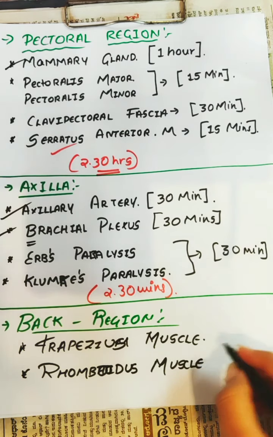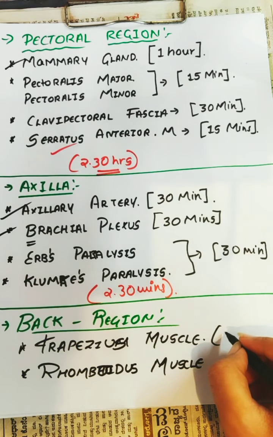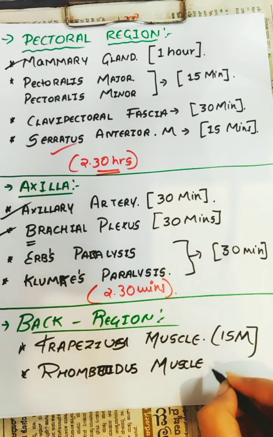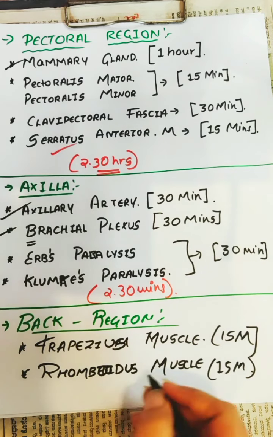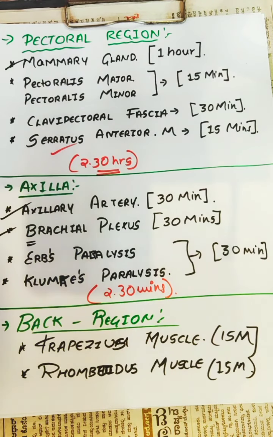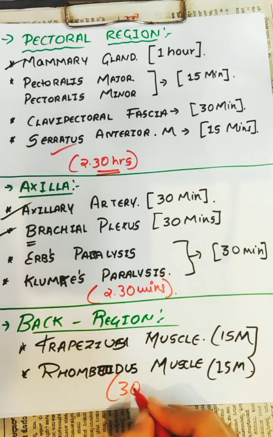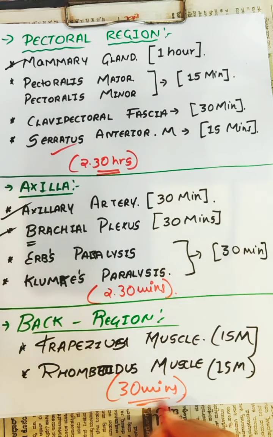Trapezius muscle will take around 15 minutes. Rhomboids muscle will take around 15 minutes. Muscle means you have to study both major as well as minor. So combined you will take around half an hour. That is 30 minutes.